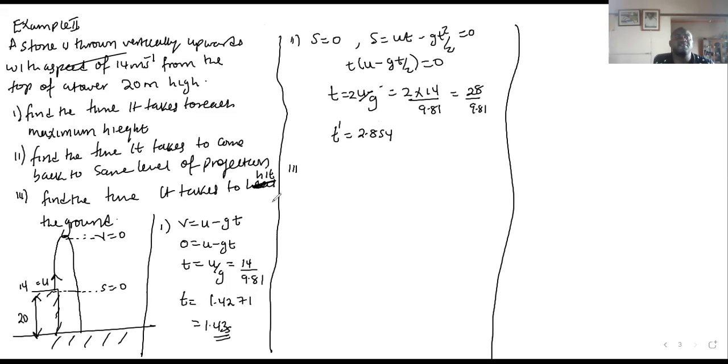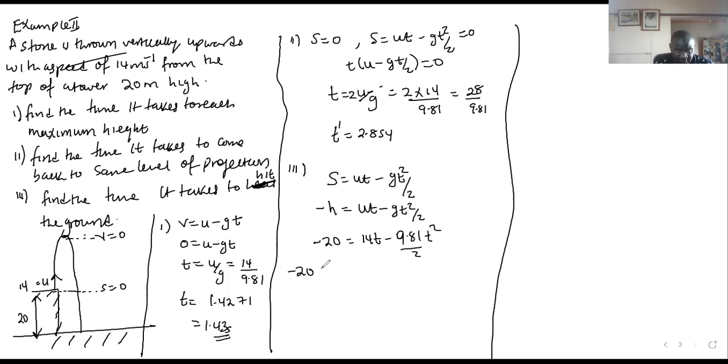Then the last one says, find the time it takes to hit the ground. Still the particle is projected upwards with initial speed u, S is equal to ut minus gt squared over 2. Because the particle has gone up and is coming back below the level of projection, we say that vertical displacement is negative. So we shall have negative 20 is equal to 14t minus 9.81 t squared over 2.